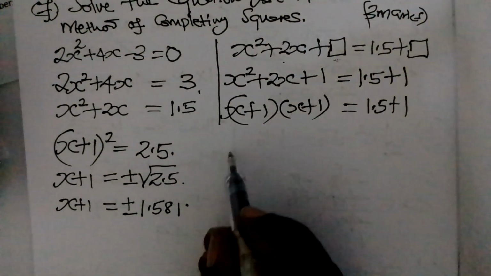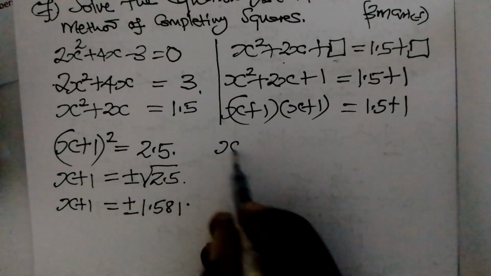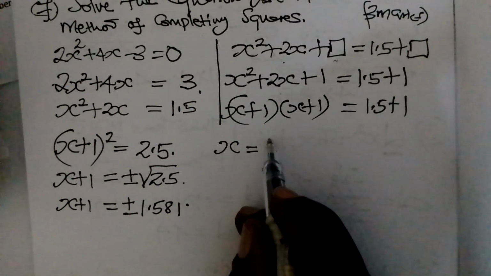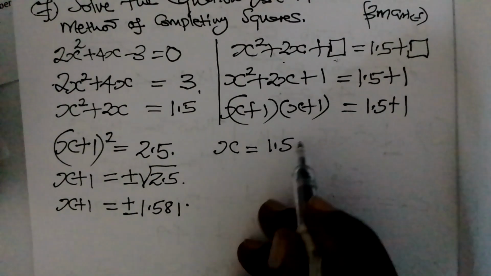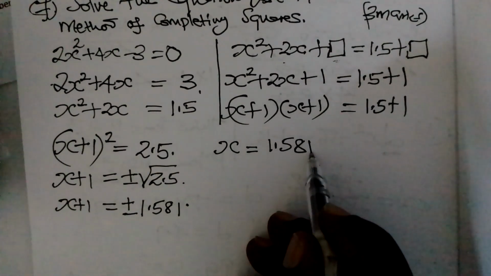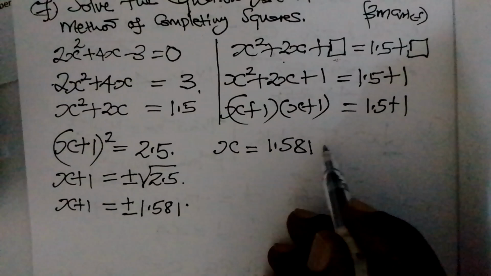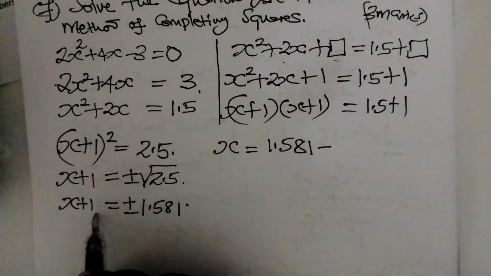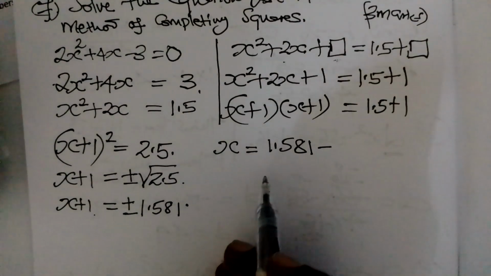X alone will be given by either 1.581 minus 1. We subtract 1 from both sides.